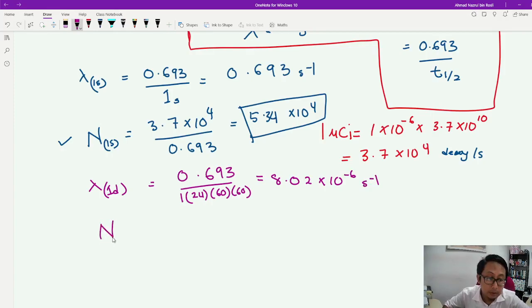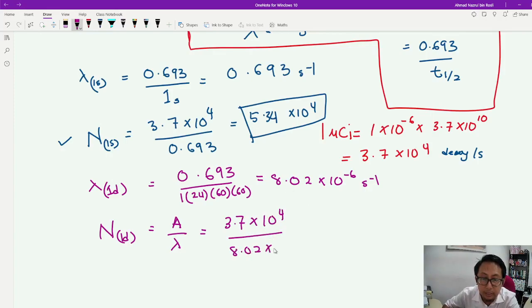So the number of radioactive nuclei is equal to A over lambda. Remember the same equation. A is the same, since 1 microcurie is 3.7 times 10 power of 4, and lambda is 8.02 times 10 power of minus 6 per second.